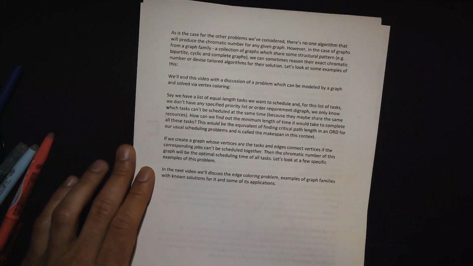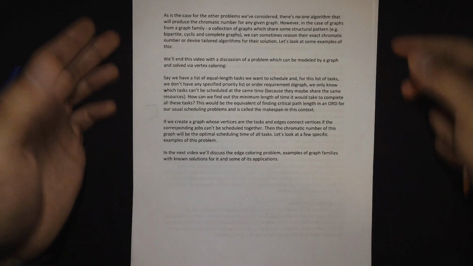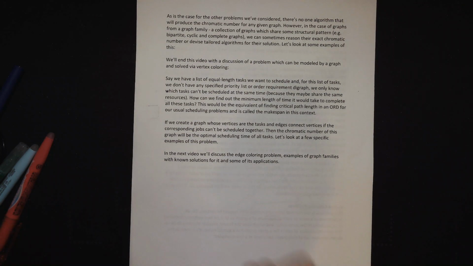All right, so we're going to end this video by discussing a problem which can be modeled by a graph and solved via vertex coloring. Here's the problem. Say we have a list of equal length tasks we want to schedule, and we don't have any specified priority list or order requirement diagram.